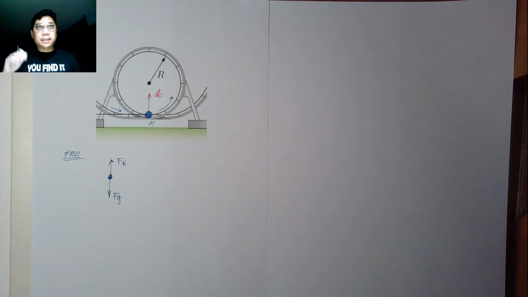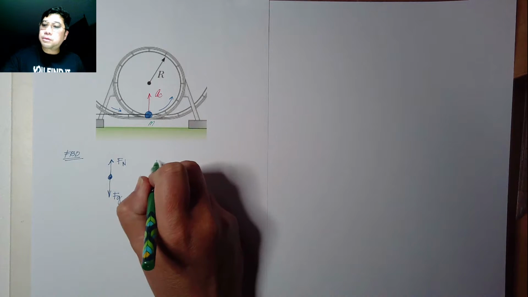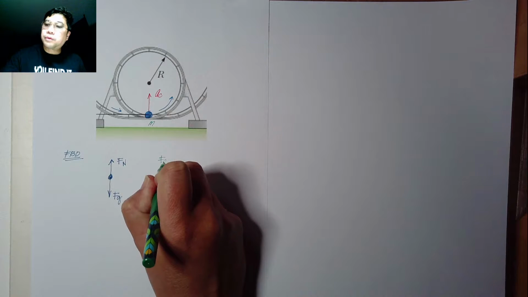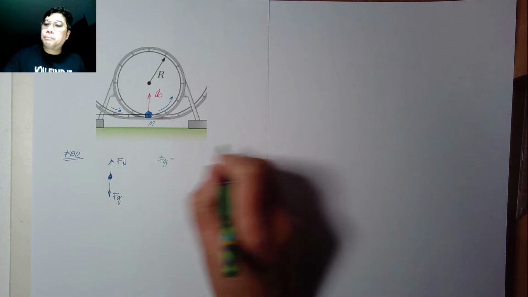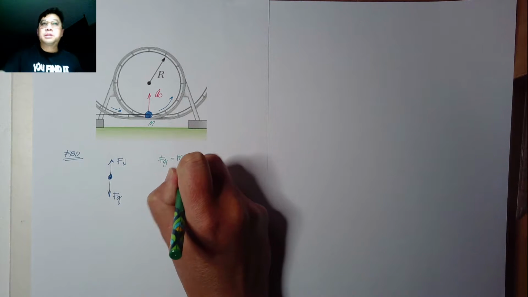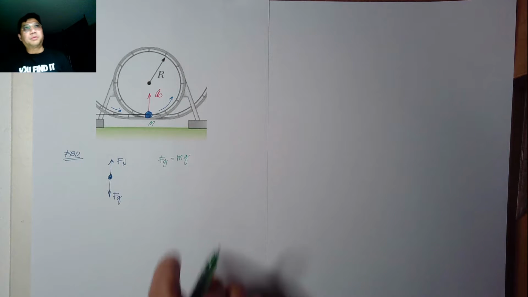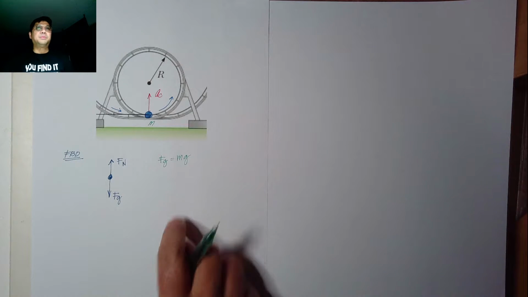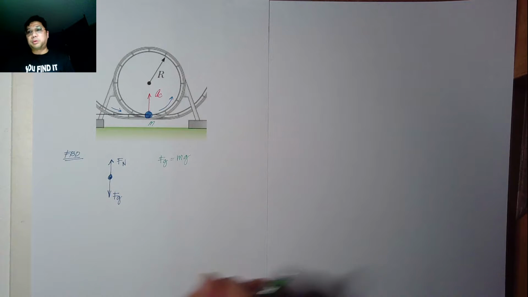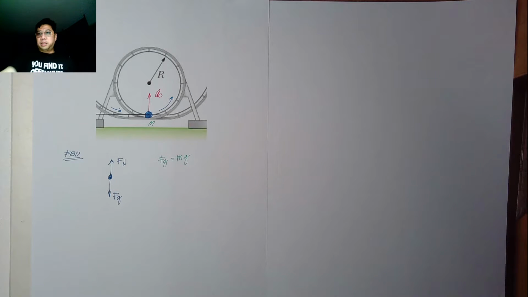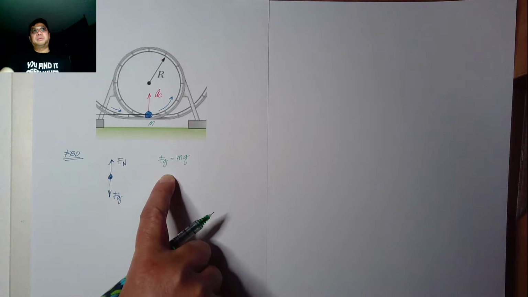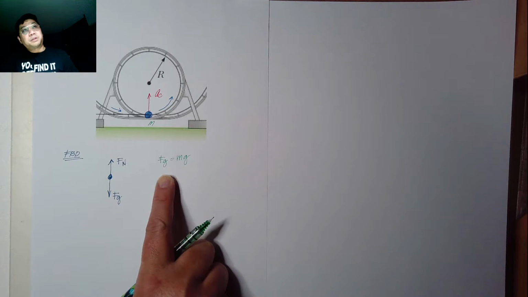But before that, let's put down some of the equations that we've been using in the past. The first one is that the force of gravity is mass times g. Some of you might be tempted to write the force of friction. Yes, the force of friction is mu, the coefficient of friction, multiplied by the normal force. But since friction is not involved in this problem, we don't really need to write down the friction force.